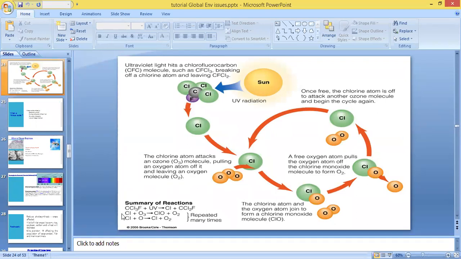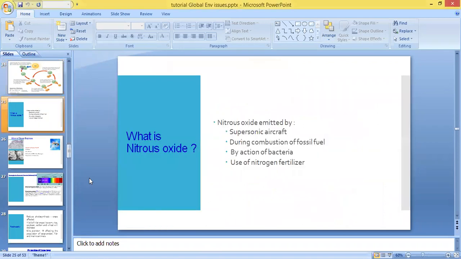Also, these reactions are important, so please just do that. Okay. So next is, what is nitrous oxide?